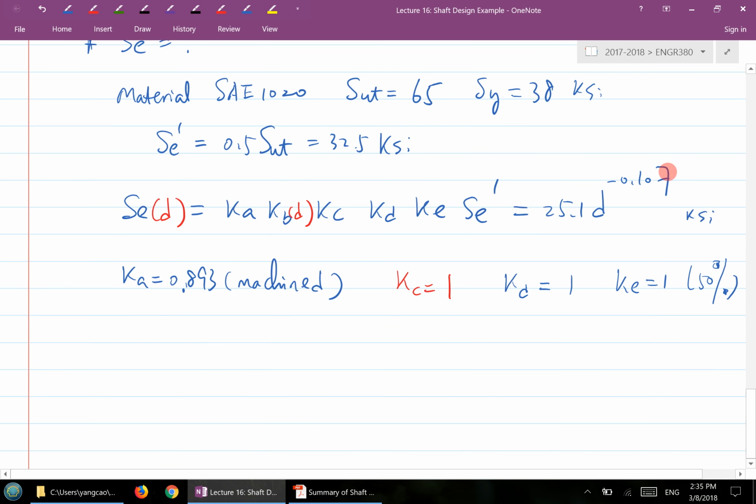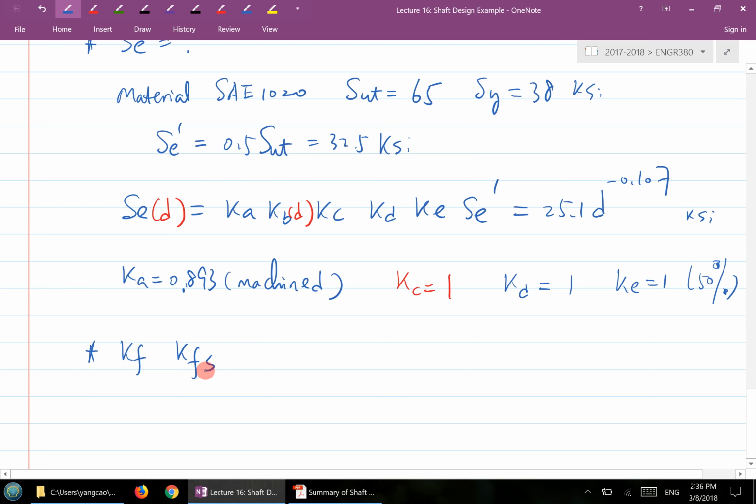That's your SE. And Kf and Kfs. Kf is the fatigue stress concentration factor for normal stress, and Kfs is the fatigue stress concentration factor for torsion. We do have a bending moment and also a torque in this question, so we need the Kf and the Kfs for both components.